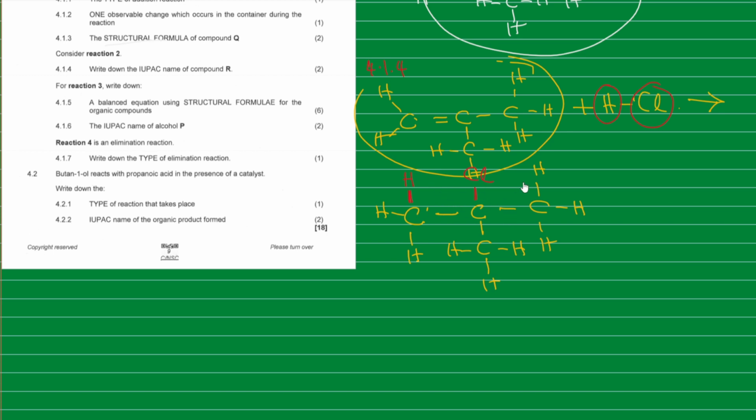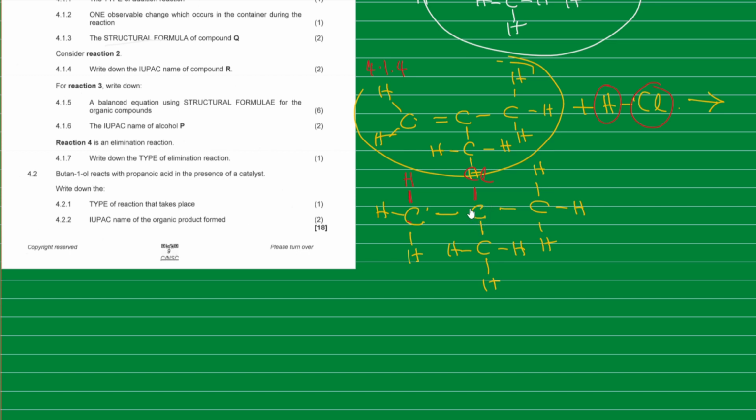Meaning, when there's an option to add an H and a Cl, the H will go to the C that has the most number of H, and the halogen will go to the carbon that has the most alkyl substituents.